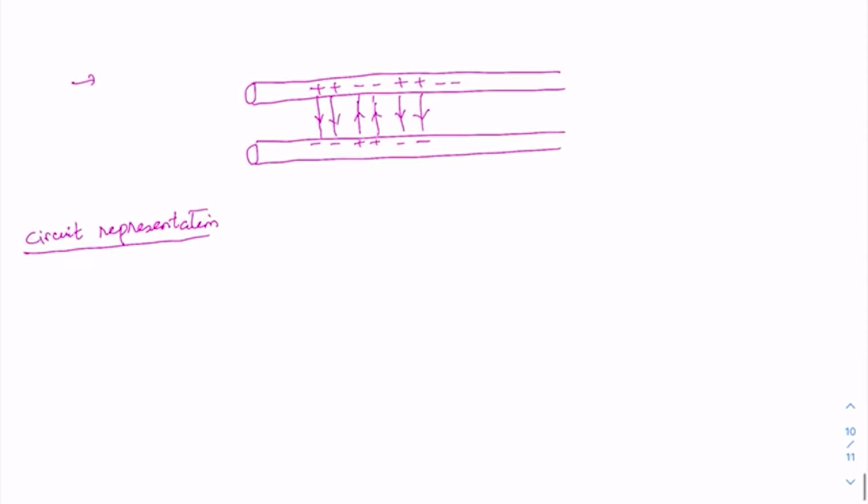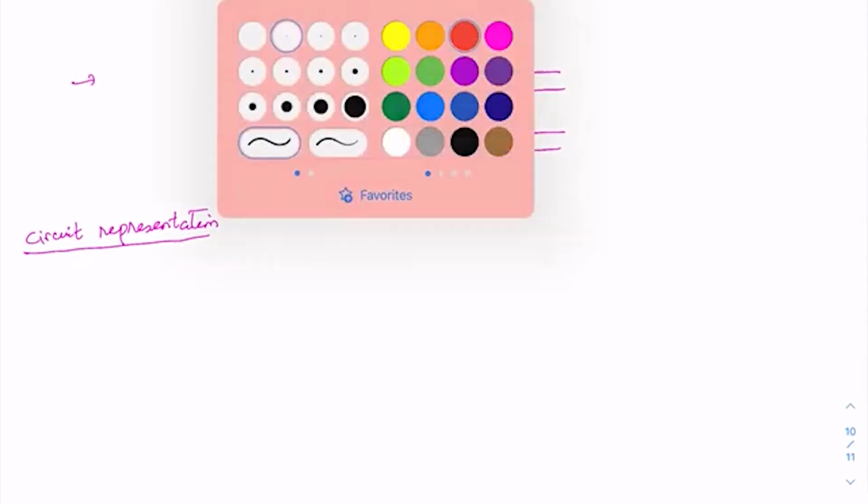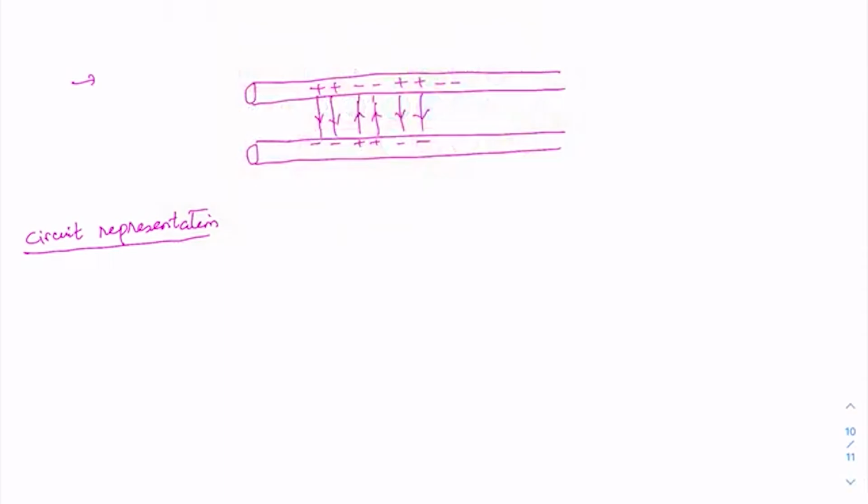Now having this kind of a model here, what we'll do next is divide this transmission line into a lot of small cells. Suppose I divide it into various small unit cells, each of cell size, say, length A.